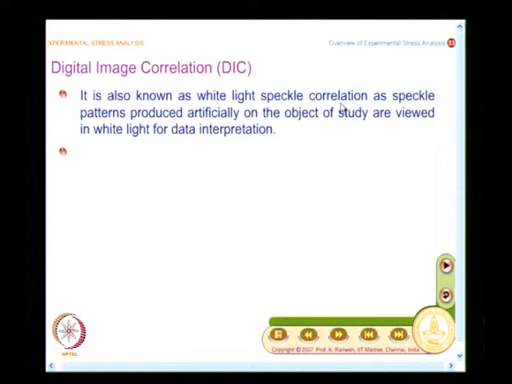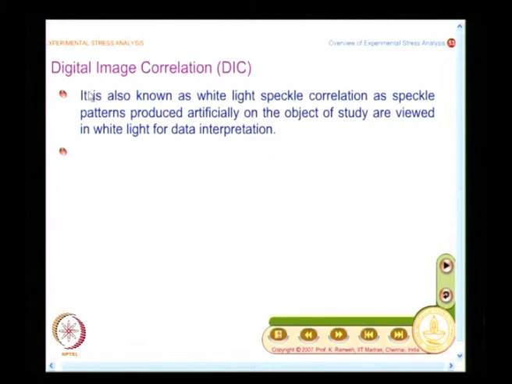In the speckle method, what we did was have a laser beam impinging on the model, and you had speckles developed naturally; it was not artificially created. If you have a specularly reflecting surface, you had speckles because of laser illumination, and that was used for all the measurement. And this is the offshoot of that kind of approach.